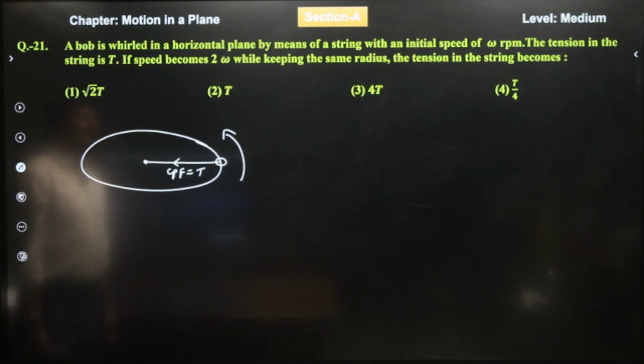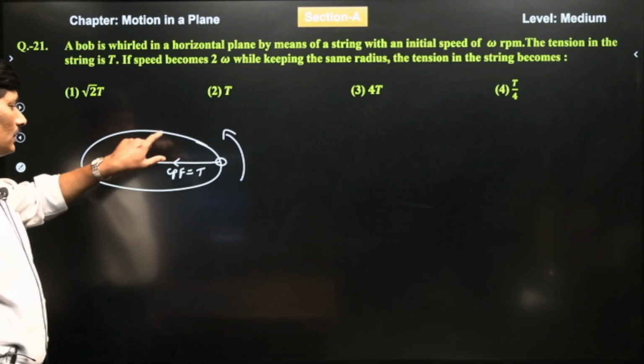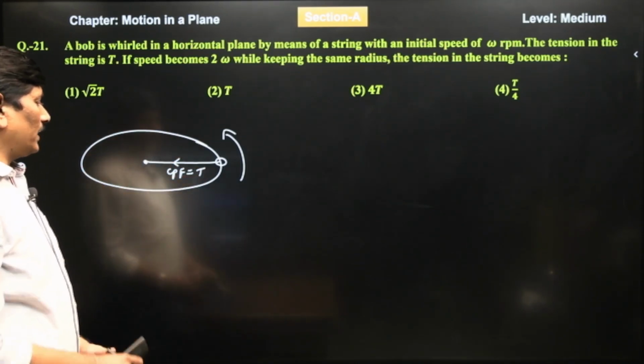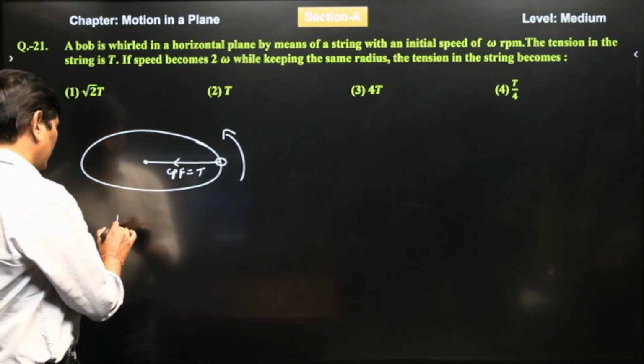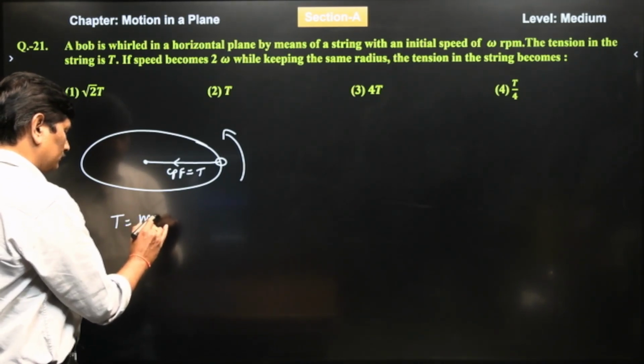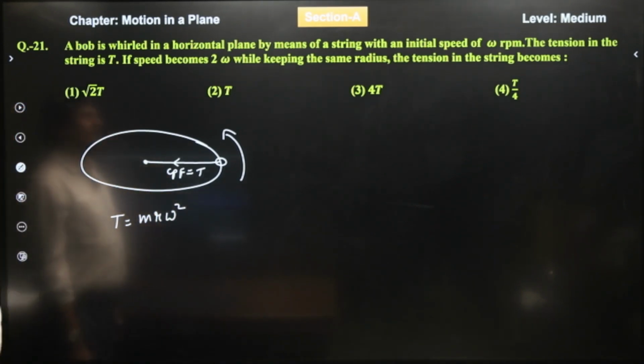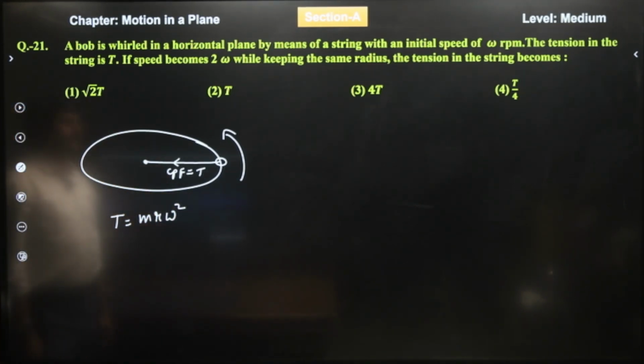Whatever centripetal force is required in this circular path, that is in the form of tension. So, tension T is equal to m r omega square. That is the relation we know, mv square by r, or m r omega square.